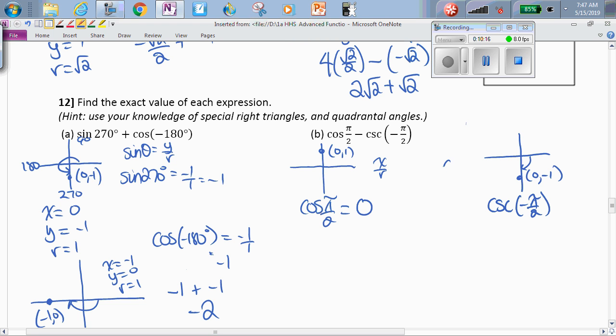So cosecant theta is the reciprocal of sine, so that's going to be r over y. In this case, x is 0, y is negative 1, and r is 1. So my r is 1 over negative 1, so that gives me negative 1. We're subtracting, so it's going to be 0 minus, be careful here, negative 1. So we get positive 1 as our final answer there.